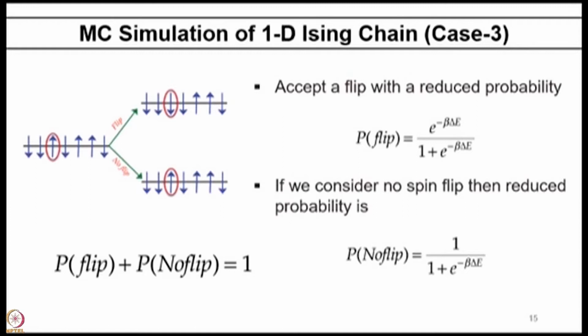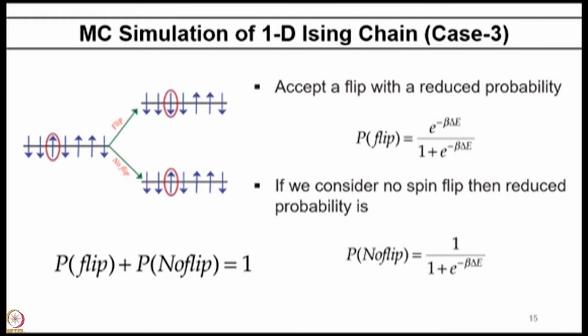So the flip probability, that means from raised spin down to going up, with the change of energy delta E, is e to the power minus beta delta E over 1 plus e to the power minus beta delta E. And then we consider no flip. I now open the option that I'll have no spin flip.